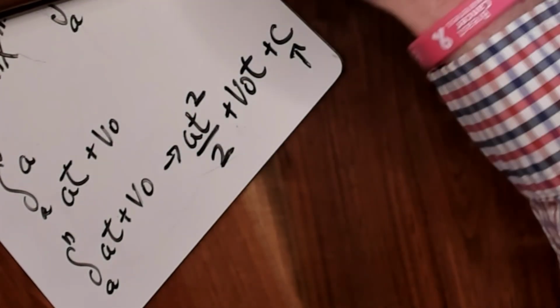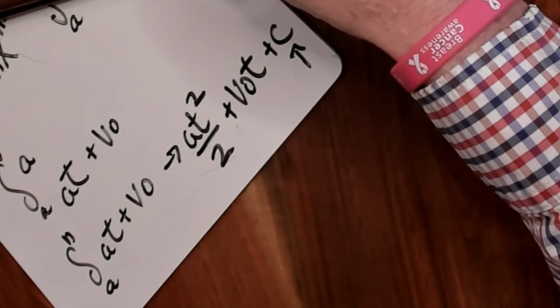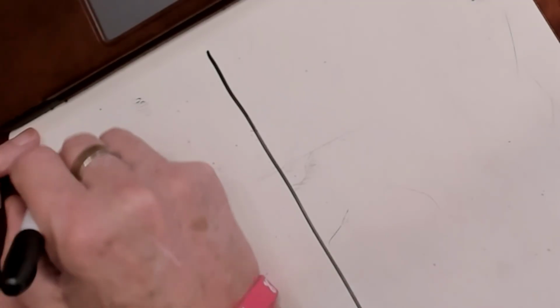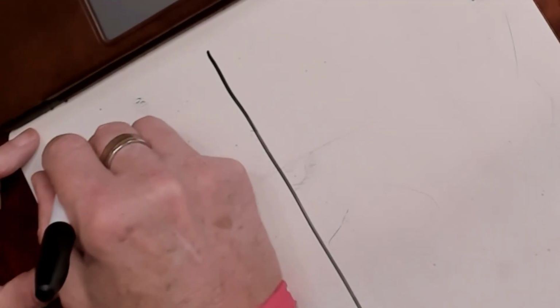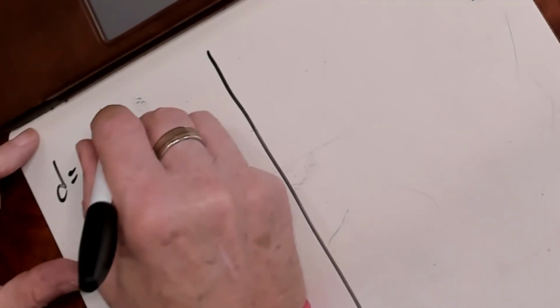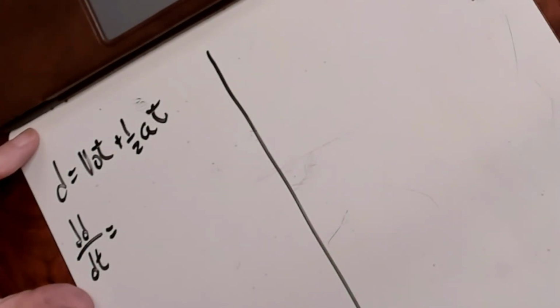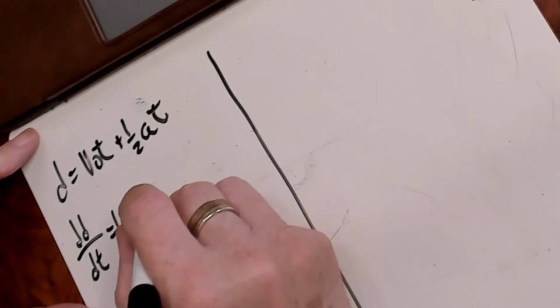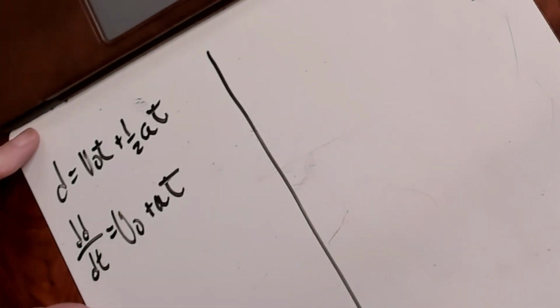These equations look a little more familiar. We basically just went backwards. So if we start off with a position equation, if we differentiate that, we get the velocity equation. If we differentiate that, we get acceleration, because that drops off and that drops off.